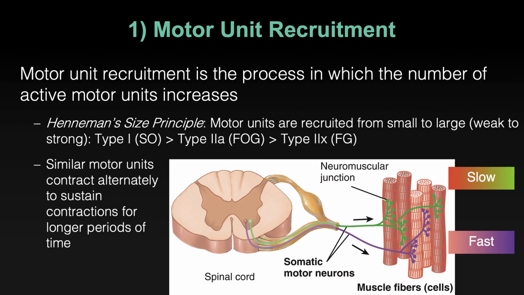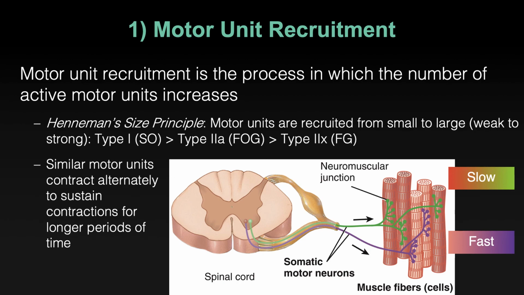The answer is that you share the load. Each muscle has separate motor units, and it has multiple slow motor units, multiple hybrid motor units, multiple fast glycolytic motor units.